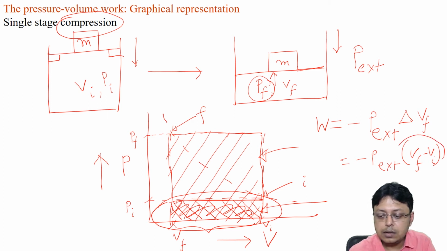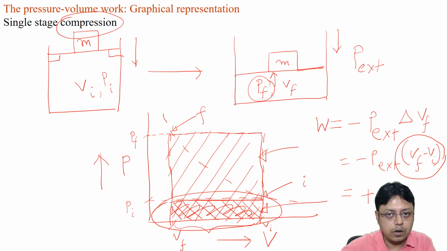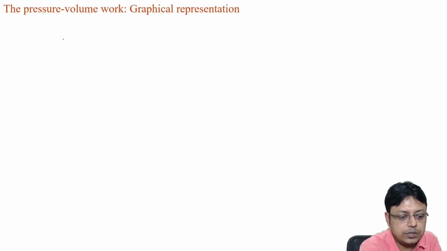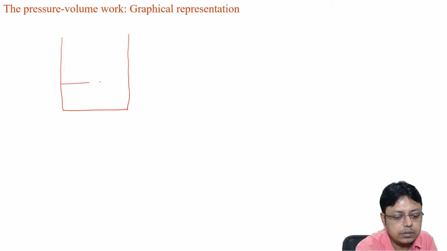You see here that Vf minus Vi is a negative quantity, so this entire thing should be a positive quantity according to our convention. Now what we just said is an interesting situation. We said that we started from an expansion.